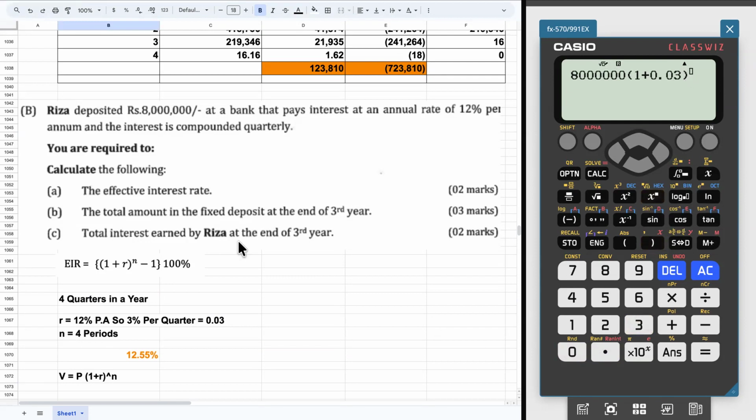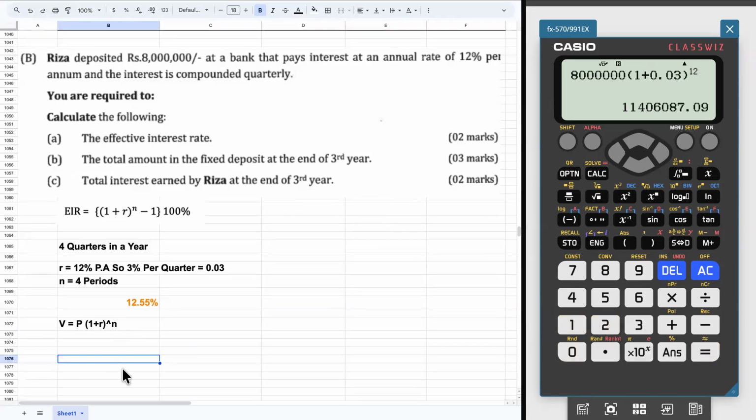As I mentioned earlier, for a 3 year period, how many quarters will there be? In 1 year there are 4 quarters. For 3 years, 3 into 4, 12 periods. So you will get this number, 11,406,087.09.